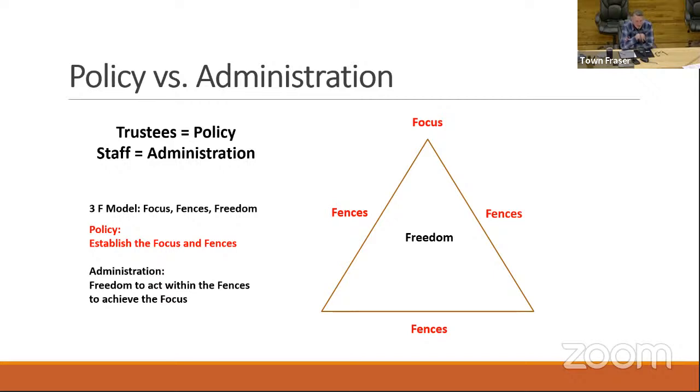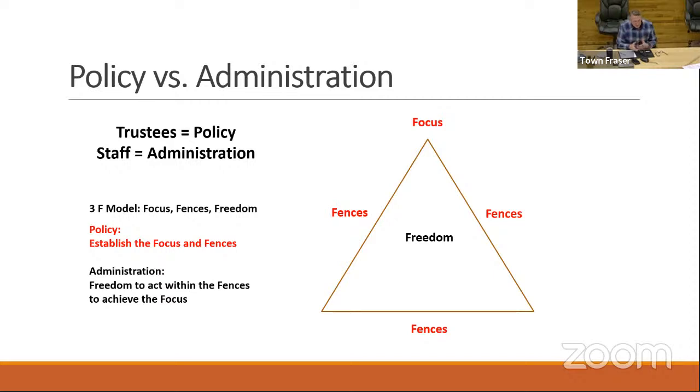This is where I operate. This is where staff operates. The town manager will give operational direction and operational policy guidance to department heads and department directors. Department directors will pass that on to the staff, and together we will work to achieve that objective.